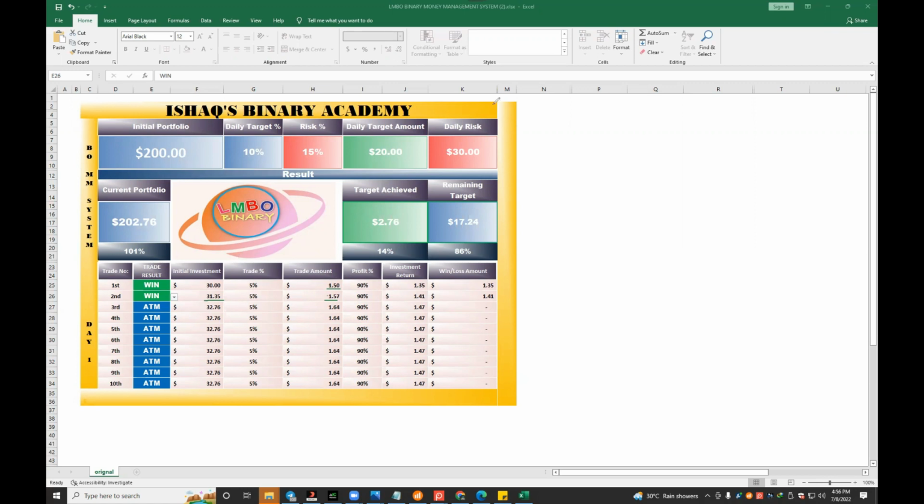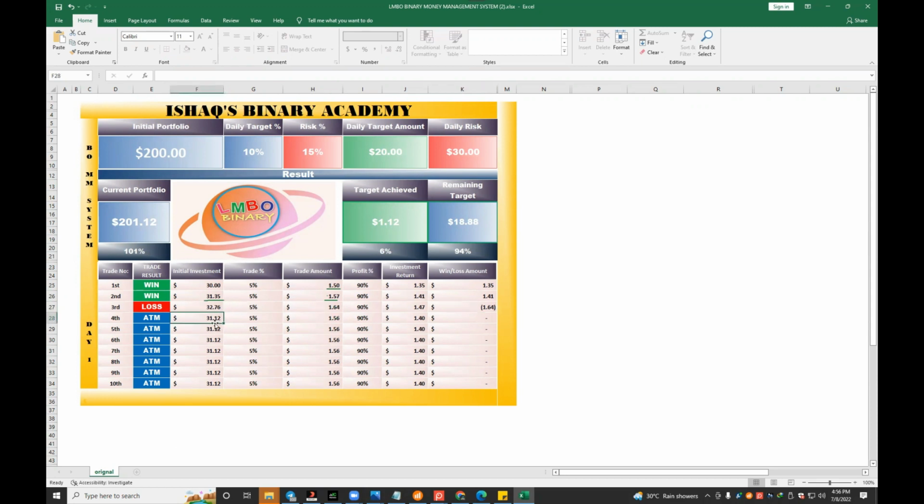In case we start losing, for example, here I have lost the trade. The trade is lost because when I placed the trade, my capital was 32.3676 USD, and my trade was 1.64. If I lose, this amount, 1.64, which I traded, will be deducted from my amount.